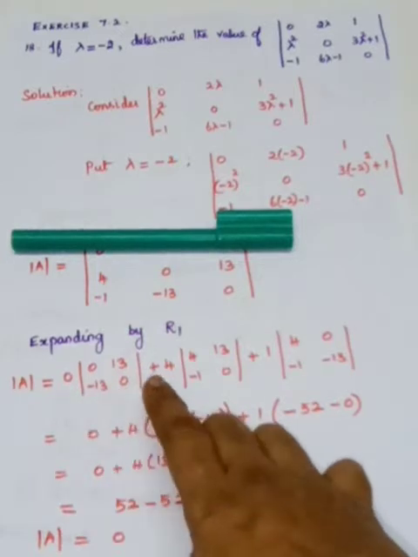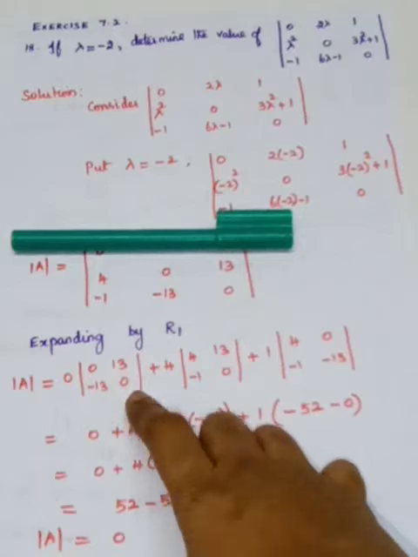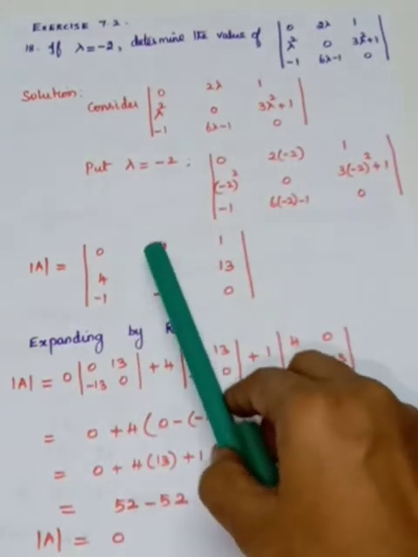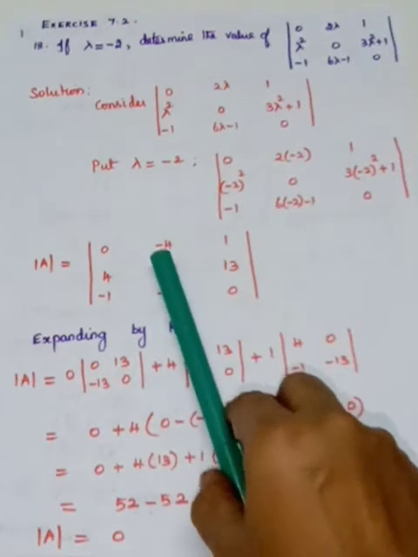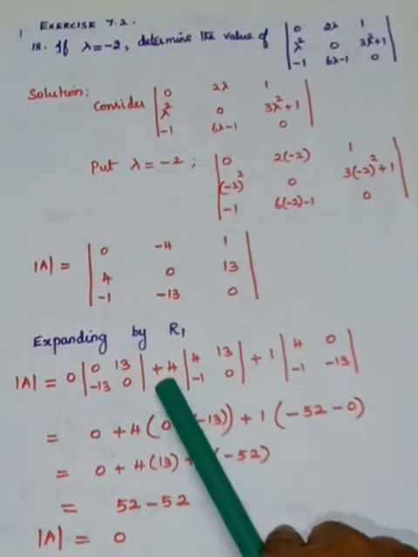Minor is nothing but the determinant. So 0, 13, minus 13, 0. What I have said, while expanding by R1, you have to change the sign of the second one, because the cofactor sign here is minus. So minus of minus 4 is plus 4. I have written the second element by changing its sign.